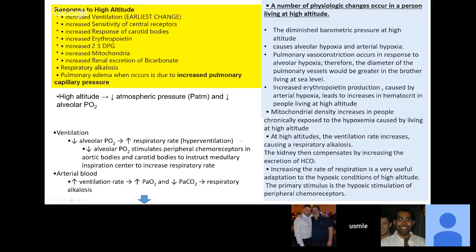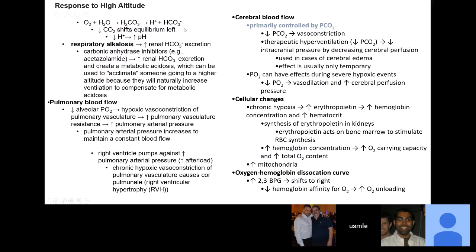So here's the same thing, in more detail. Sometimes you might have some formulas that happen as the response to high altitude. For example, here you're going to have CO2 plus H2O forming bicarbonate. And remember, this happens mostly in the red cells and in the kidney, and that liberates H+ plus bicarbonate.